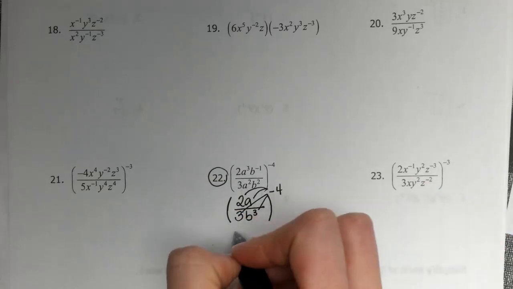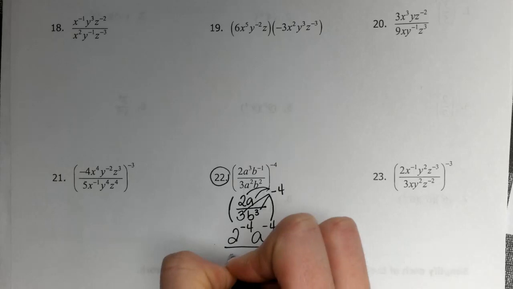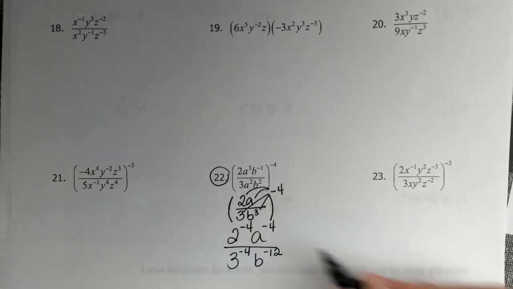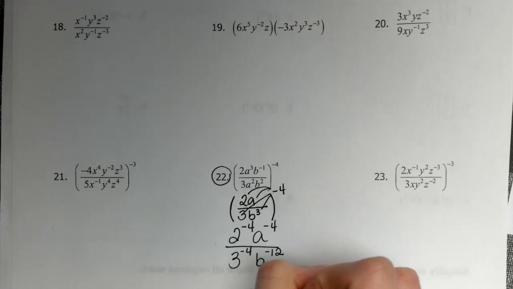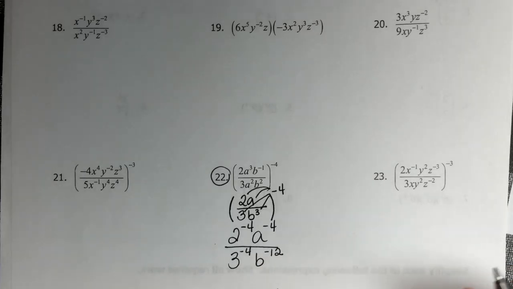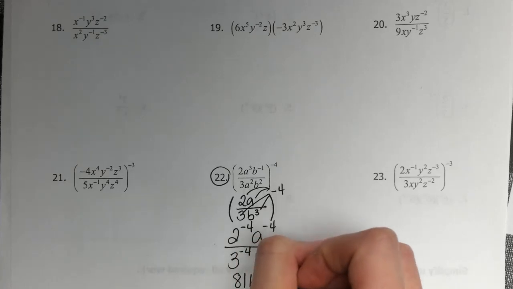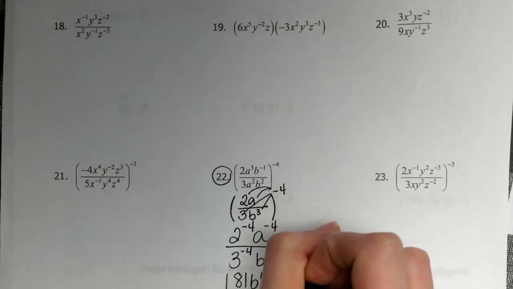Distribute. 2 to the negative 4, a to the negative 4 over 3 to the negative 4, b to the negative 12. Very good. But then we would all switch them over at the same time, simplifying the 2 and 3. So the answer is 81, b to the 12 over 16, a to the 4.